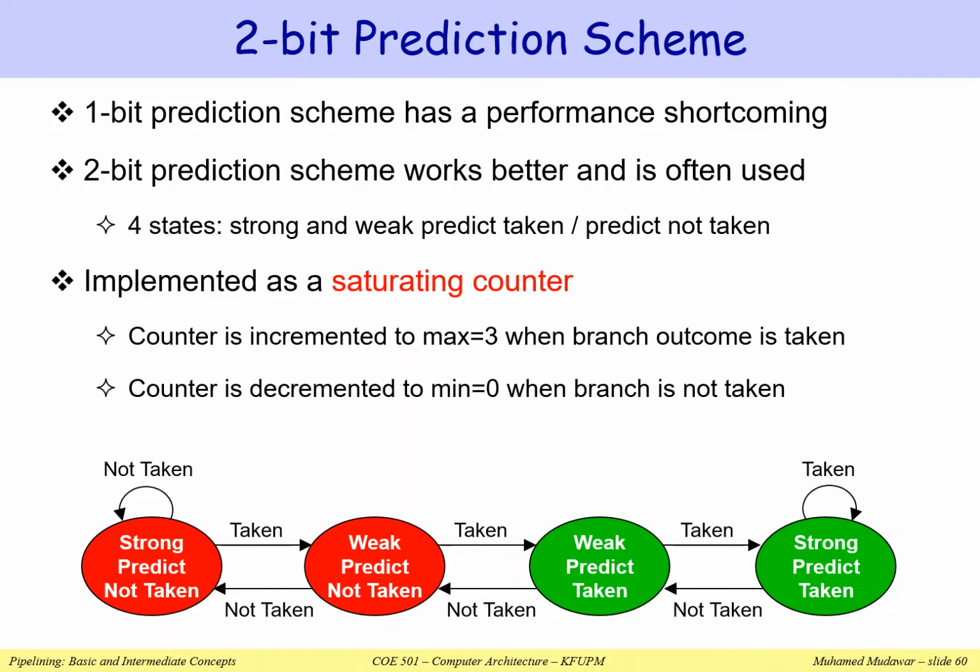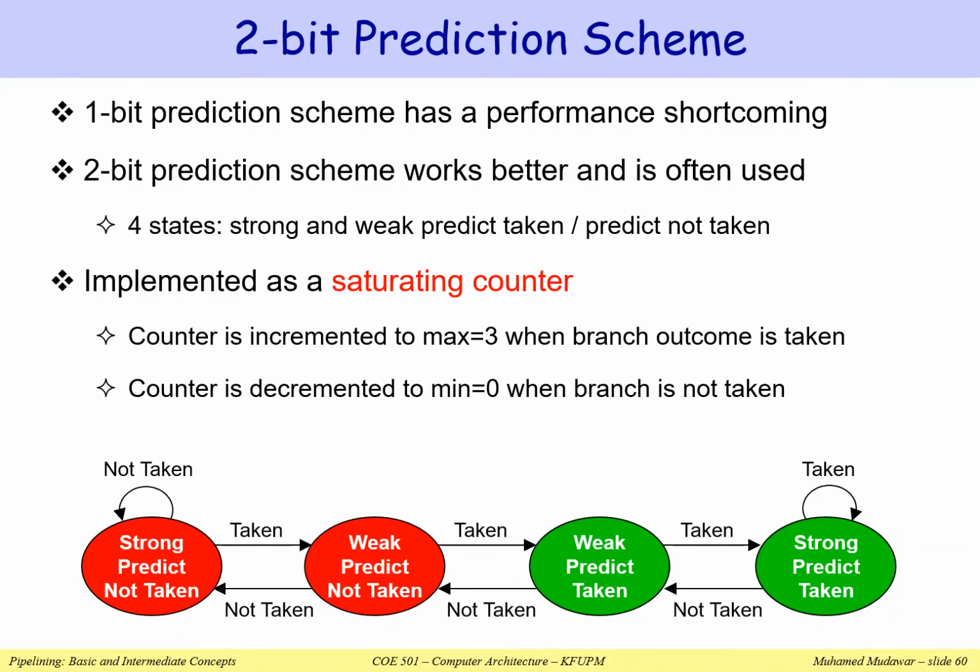If the value of the bits is 0 or 1, it indicates that we are predicting the branch to be not taken. If it is 2 or 3, then we are predicting the branch to be taken. Here, predict taken is shown in green, and predict not taken is shown in red in the state diagram. The way that this works is that the 2 bits are implemented as a saturating counter. So it goes from 0 to 3.